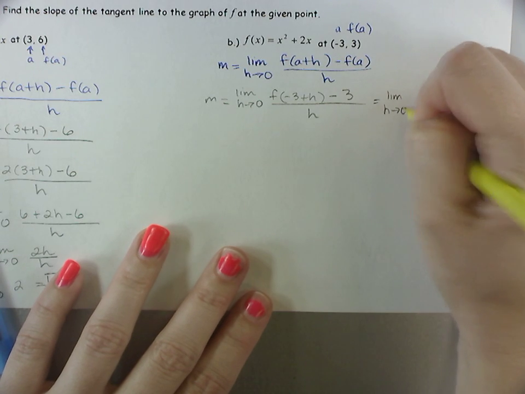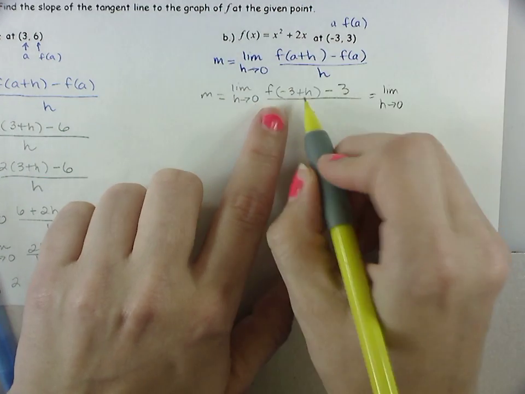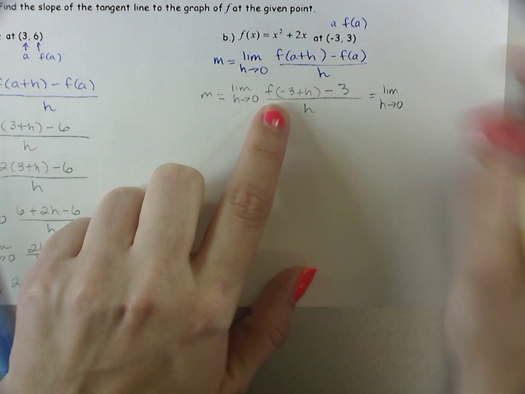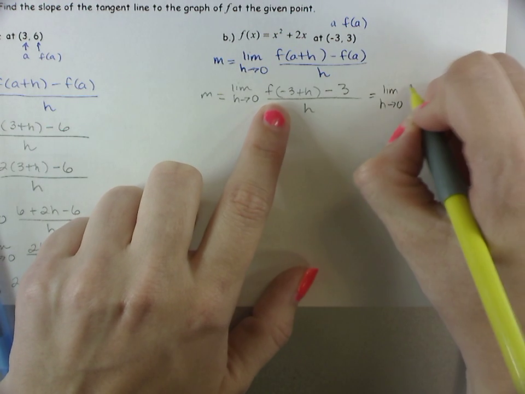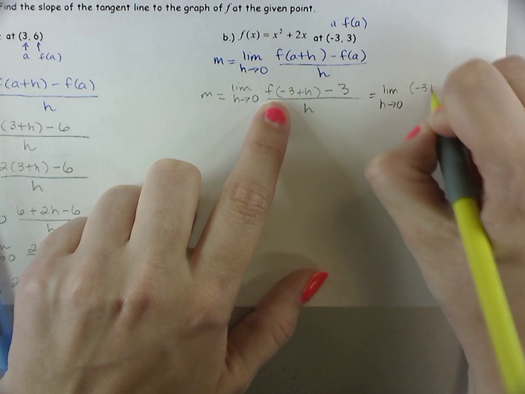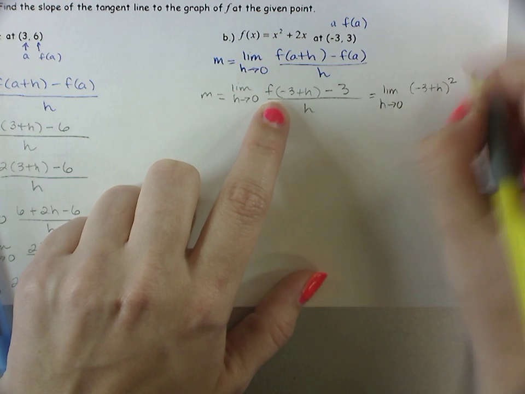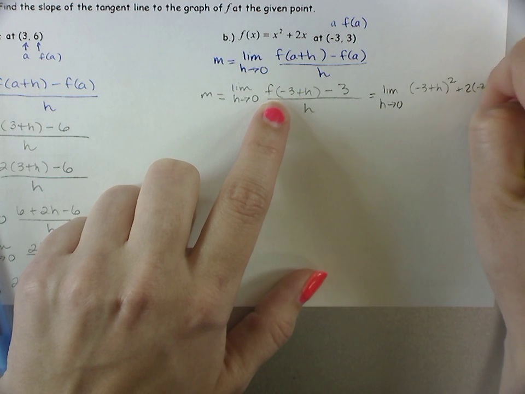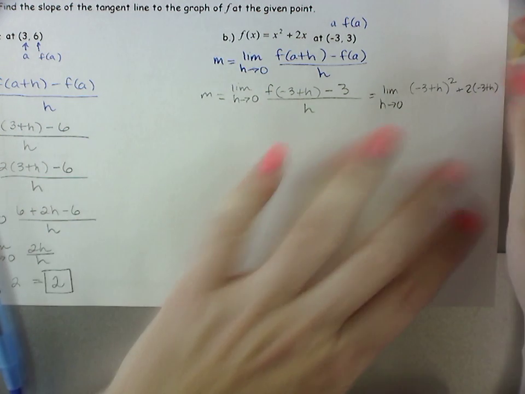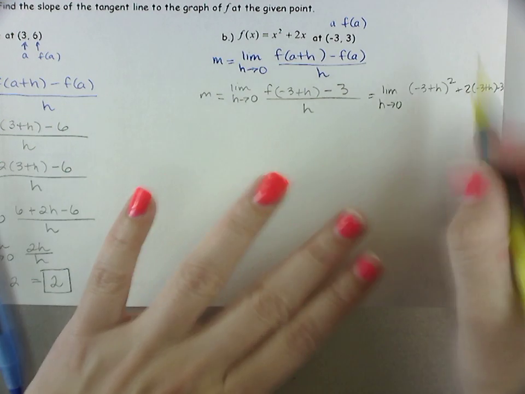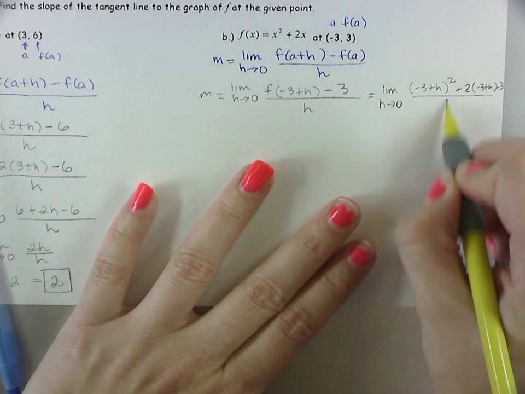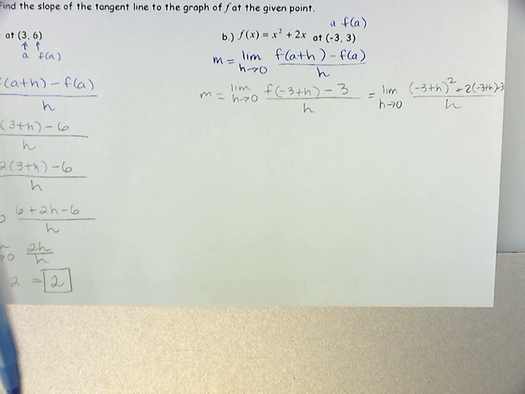Now when I plug in negative 3 plus h into my equation, I'm going to have negative 3 plus h squared plus 2 times negative 3 plus h, and then that value minus 3, all over h.